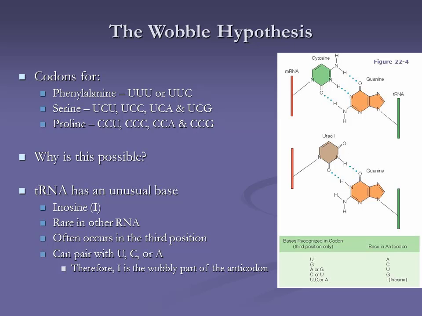Inosine can recognize whether this is an A, U, G, or a C. It doesn't care. And inosine, when it's present in the anticodon, and that ability to recognize that 3rd position as any nucleotide is referred to as the wobble effect or the wobble hypothesis.